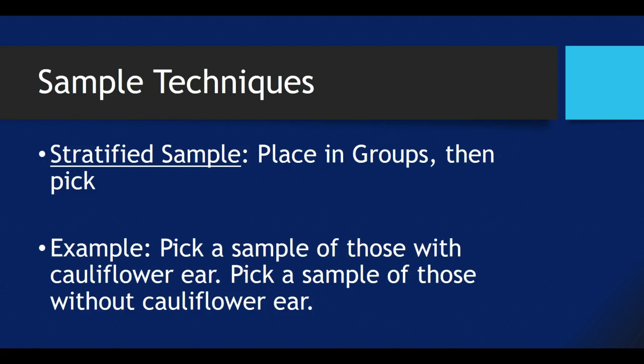So what I want to do is stratify people into groups so that every time a person with cauliflower ear walks out, I'm going to put them in my sample. And every time somebody without cauliflower ear walks out, I put every 100th person in that sample.